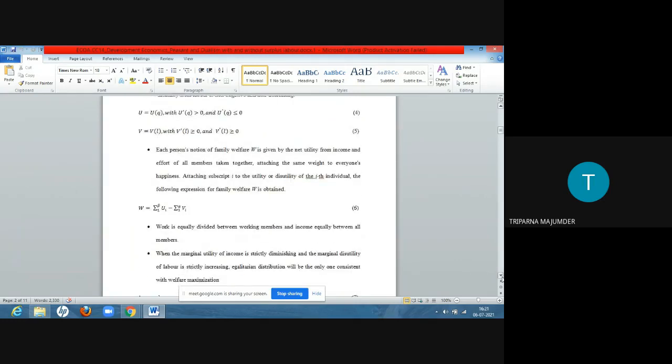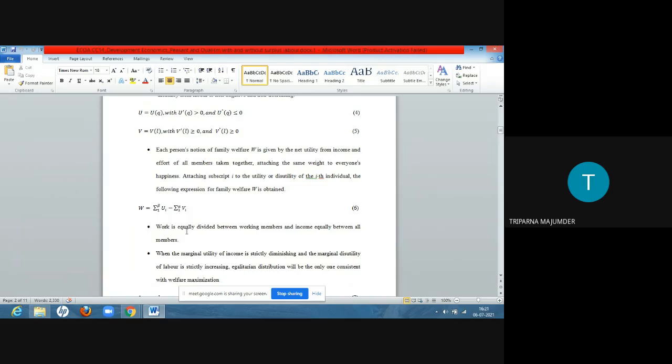That is, W is the summation over 1 to beta of u_i, that is, there are beta family members, and from that we subtract the summation 1 to alpha of v_i, because there are alpha family members who work.